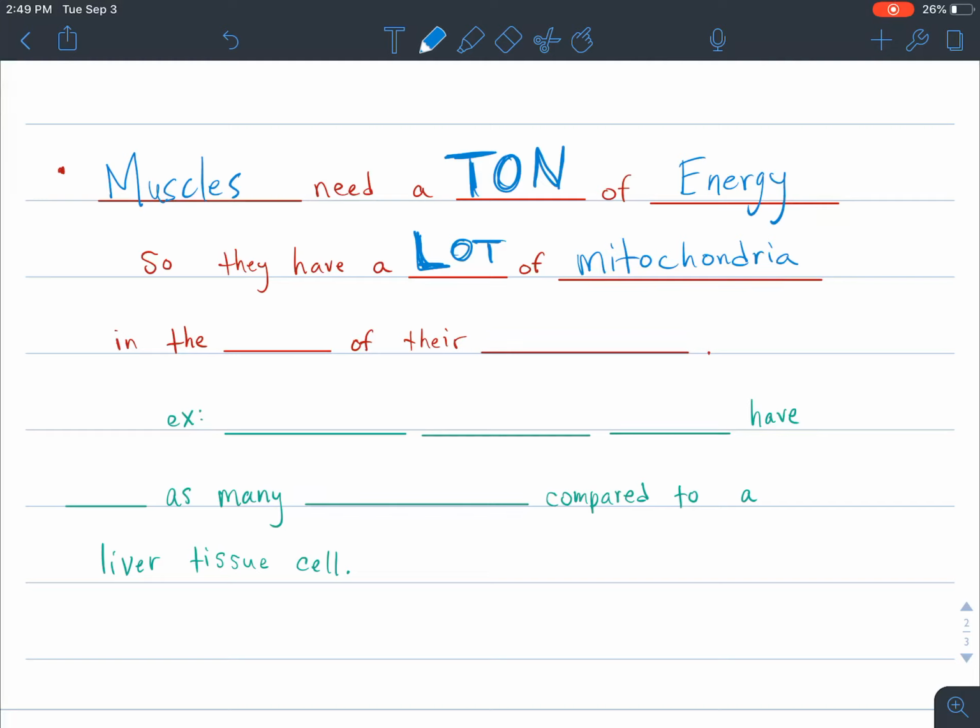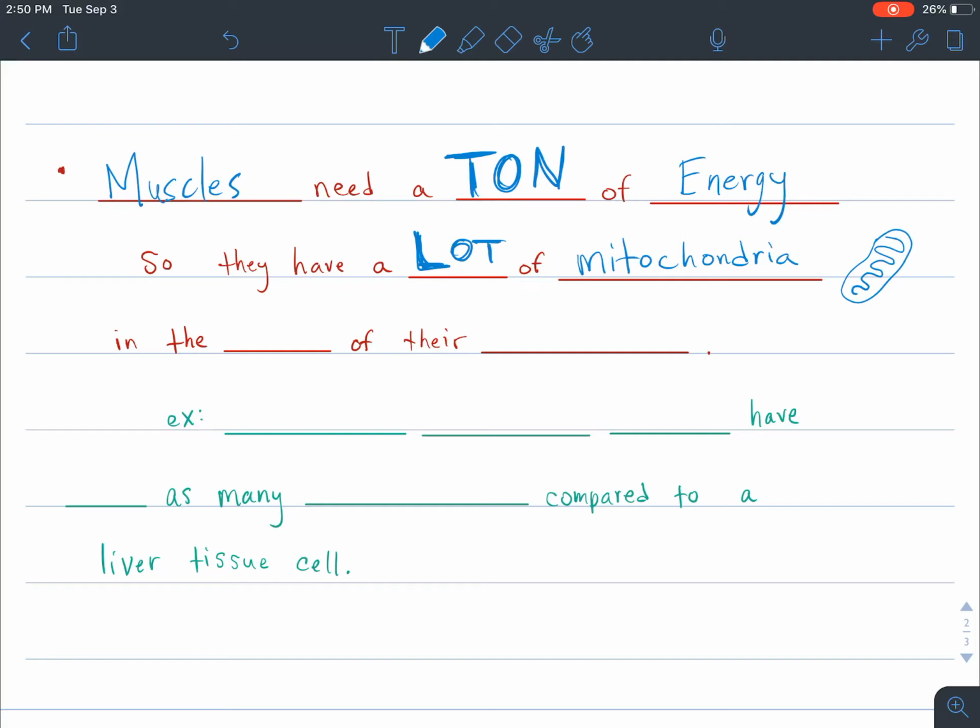Now, I said that quickly, but it should make sense that if you need energy, you should have mitochondria, because as we learned last unit, the mitochondria is the powerhouse of the cell, which means mitochondria inside of the cell are what actually create the energy. Remember, the mitochondria are these little bean-looking things, and they are what are creating the energy inside of all the cells in our body.